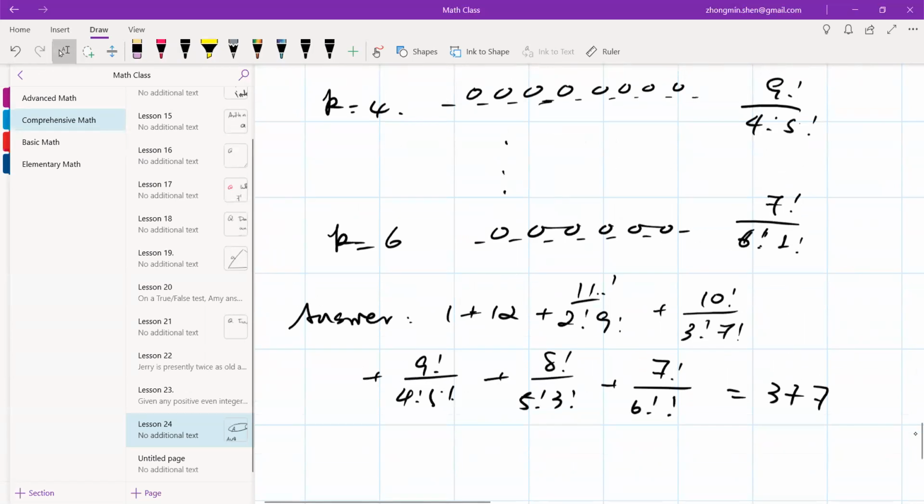Between 2 zeros, you can only insert 1. But of course, there are some places where you put nothing, so then 2 zeros will be next to each other, right?